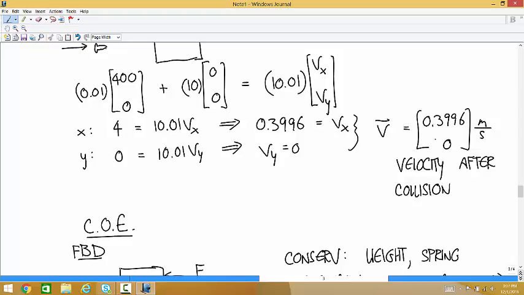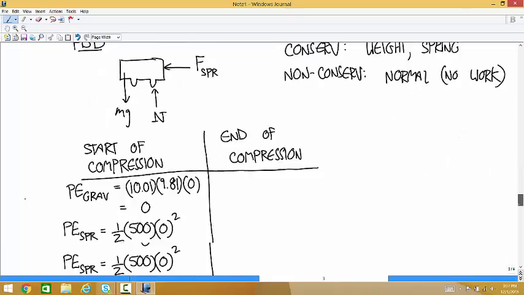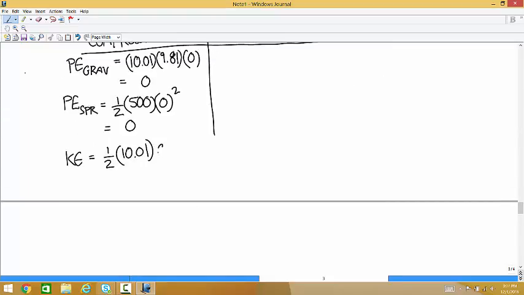That's the 0.3996. Can someone calculate that number? 0.8? Yes.